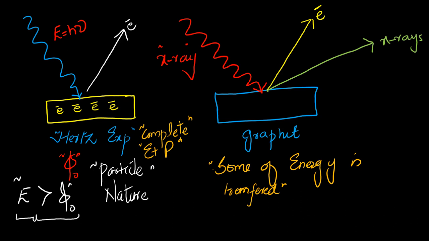Both these phenomena, the Compton effect as well as the photoelectric effect, explain the particle nature of light. But in the photoelectric effect, total energy and momentum are transferred, whereas in the Compton effect, some amount of energy is transferred in the ejection of the electron, and the rest of the energy of the incident light is released.